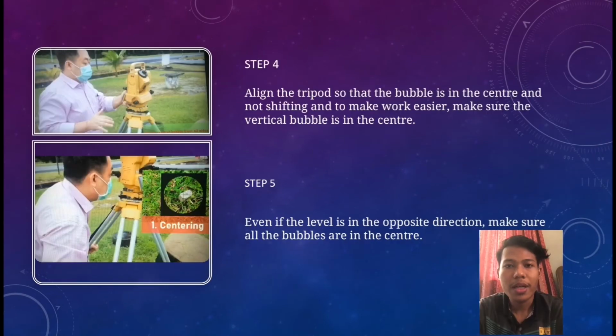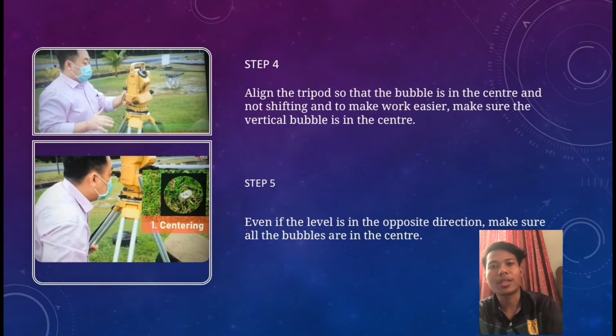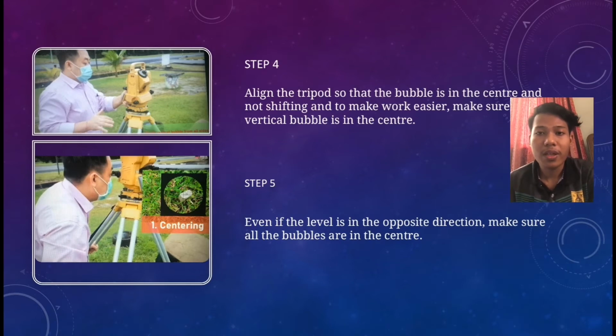Step 4, level the tripod so that the bubble is in the center and not shifting, and to make work easier, make sure the vertical bubble is in the center. Step 5, even if the instrument is turned in the opposite direction, make sure all the bubbles are in the center.